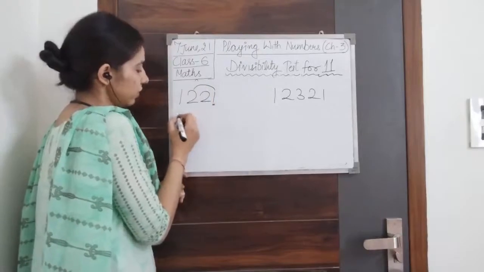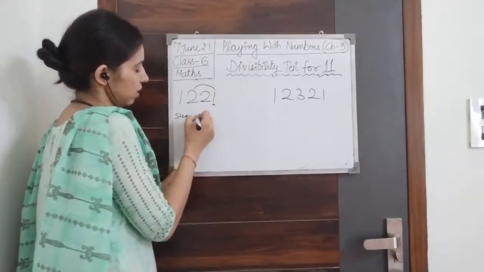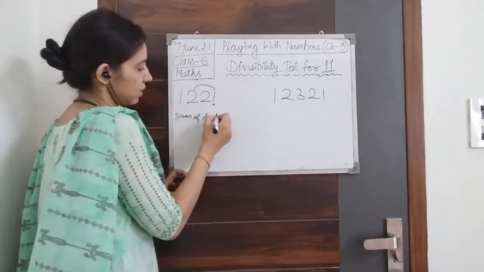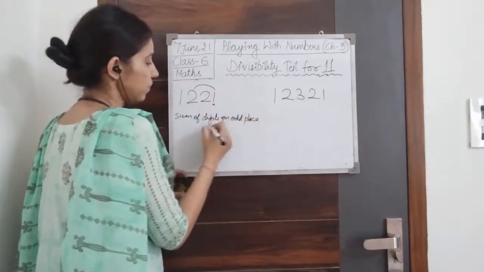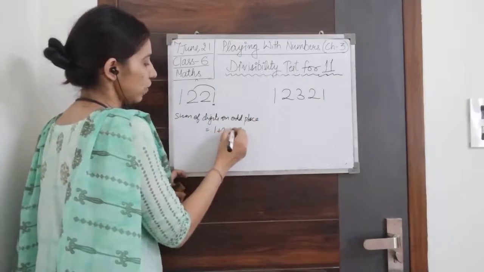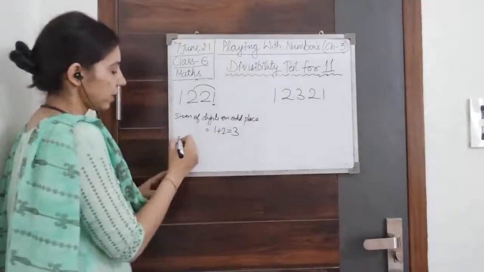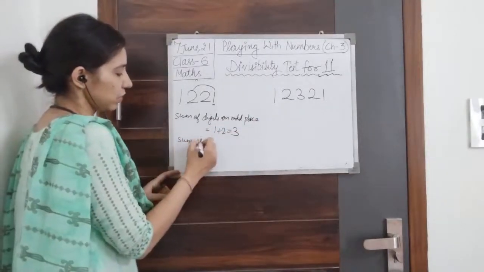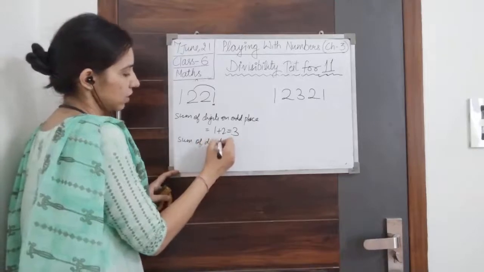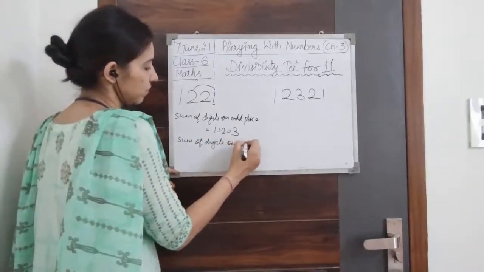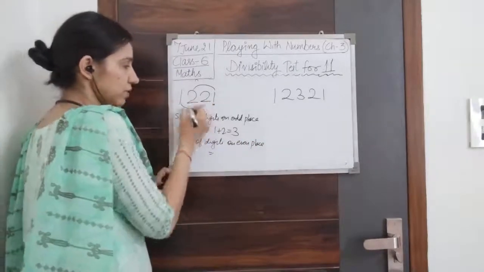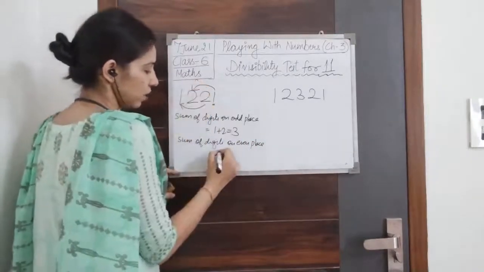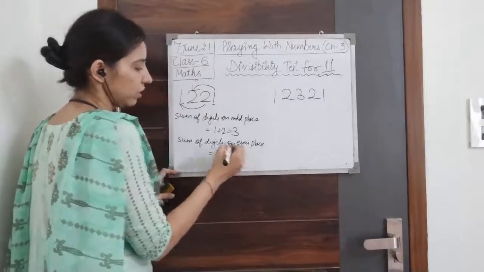Sum of digits on odd place क्या है आपकी 1 + 2, कितना हो गया आपका 3. फिर आप क्या करेंगे, even place पर sum of digits on even place क्या होगी आपकी 2 + 1, again 3.